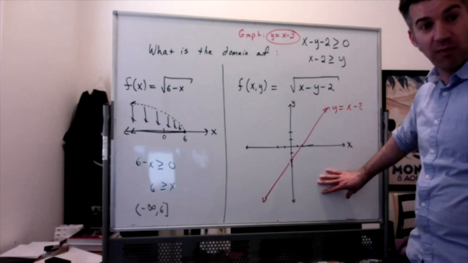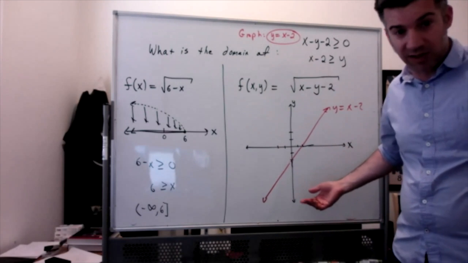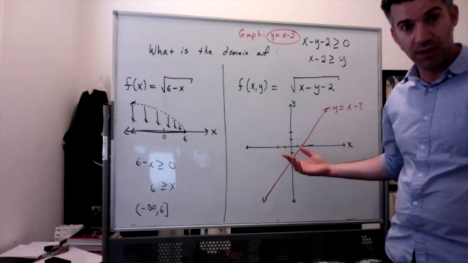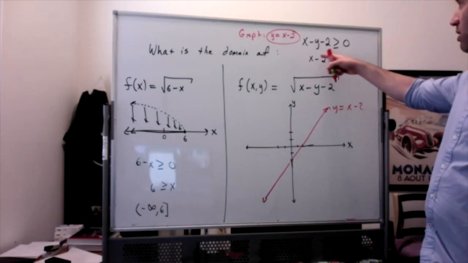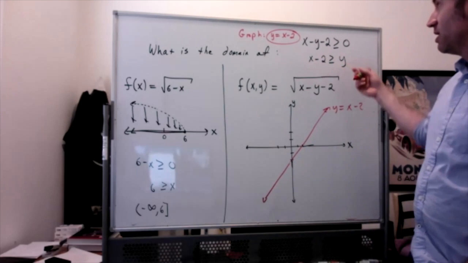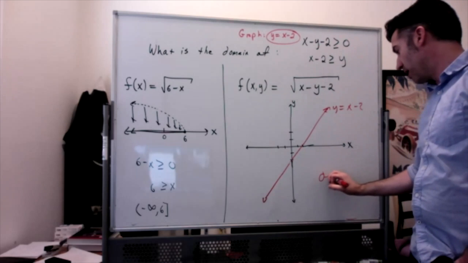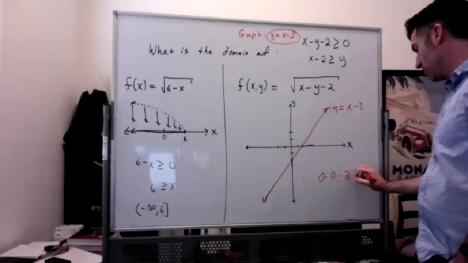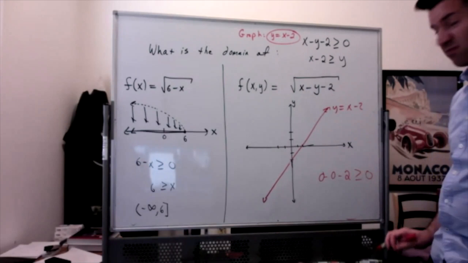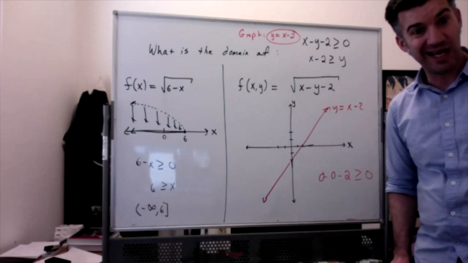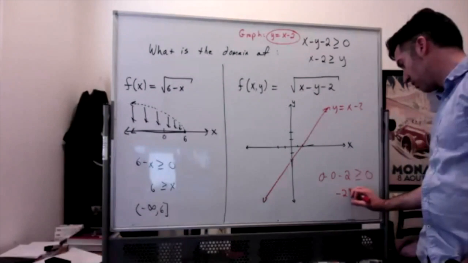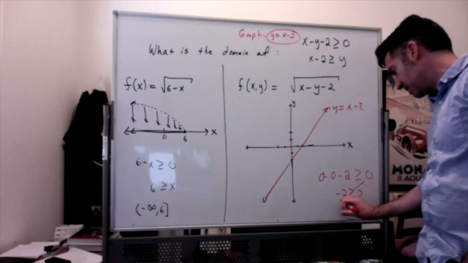So let's pick a point on one side and see if it works. Let's pick the origin, 0, 0. If I plug it into this inequality, is it true that 0 minus 0 minus 2 is greater than or equal to 0? No, it's not. -2 greater than or equal to 0, that is not the case.